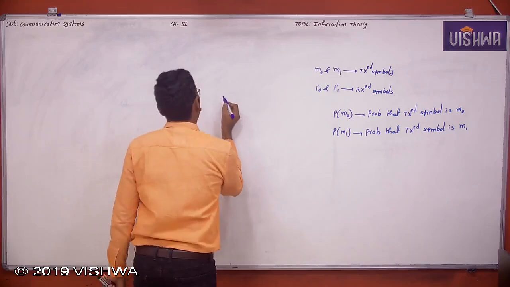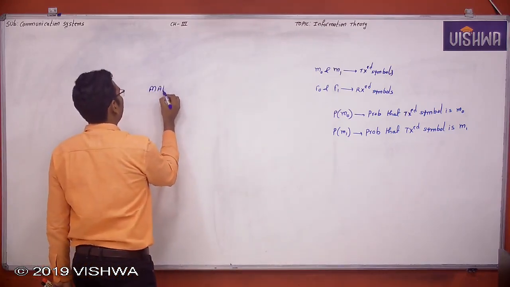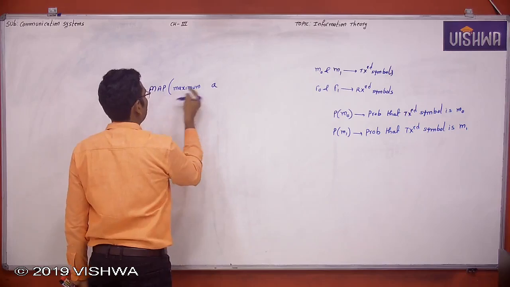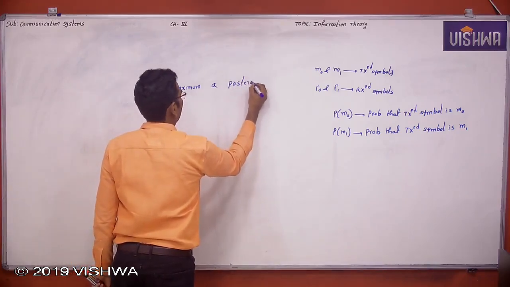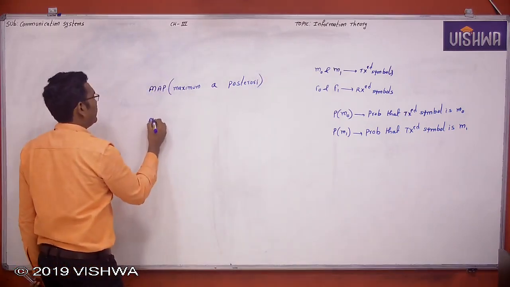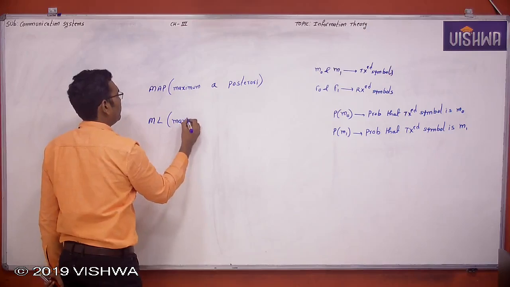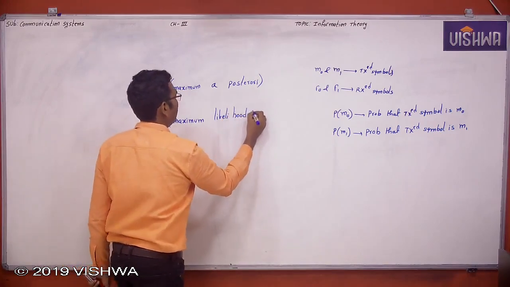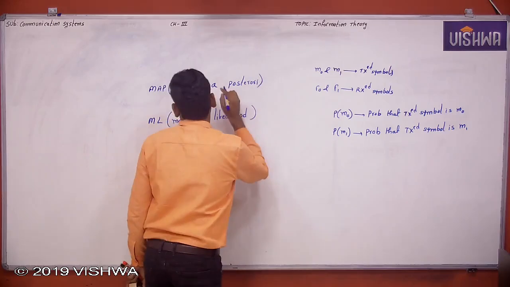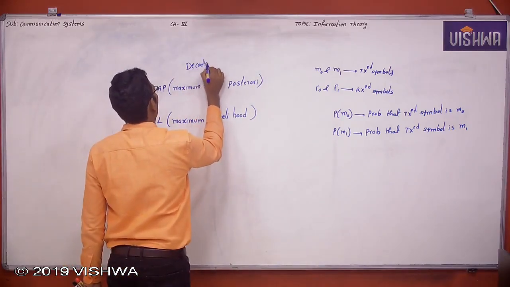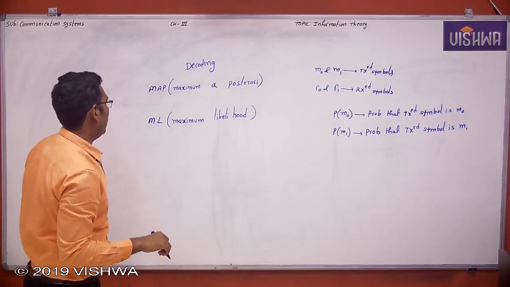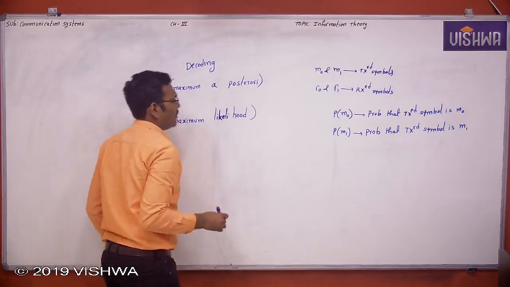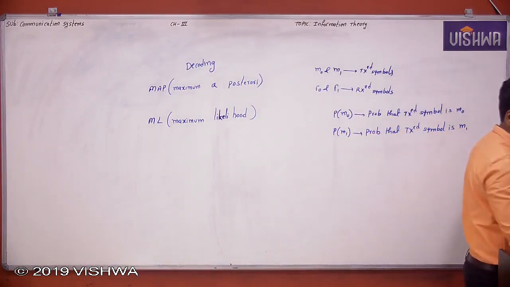One is MAP, maximum a posteriori decoding, and another one is ML, maximum likelihood decoding. These are the two decoding techniques.